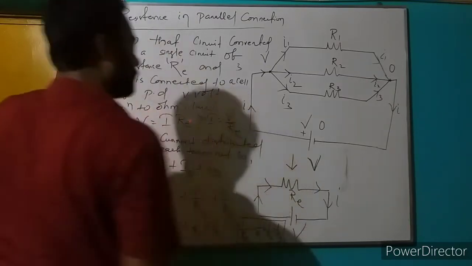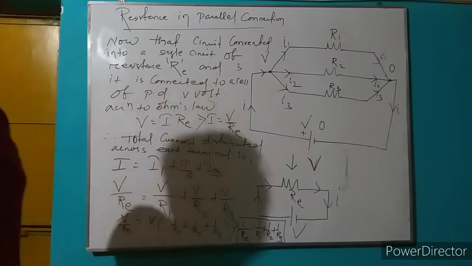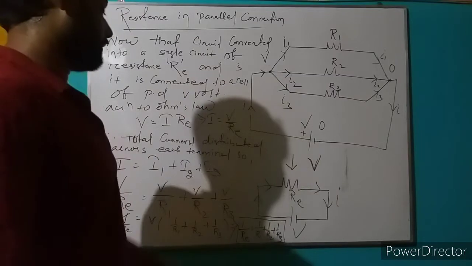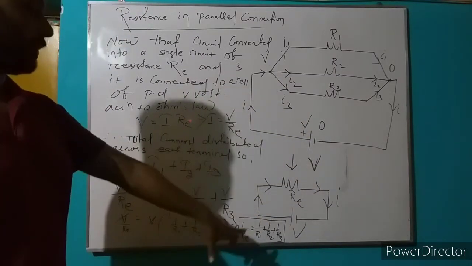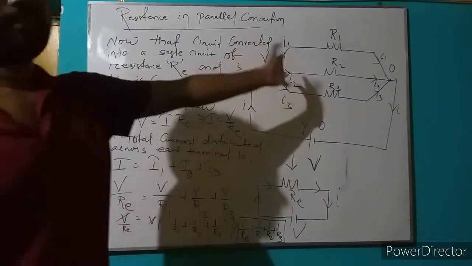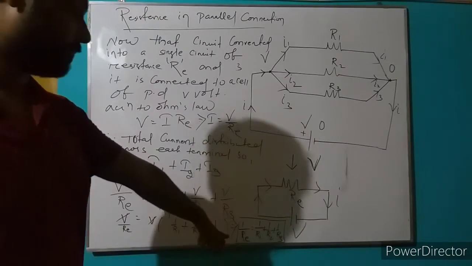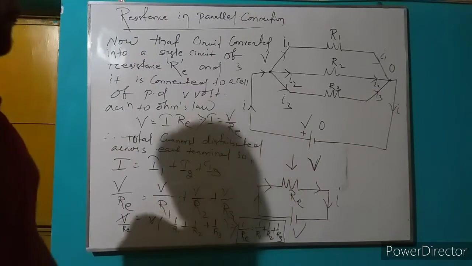Therefore, the net effective resistance when a number of resistors are connected in parallel is given by 1 by RE equals 1 by R1 plus 1 by R2 plus 1 by R3, when there are three resistors.